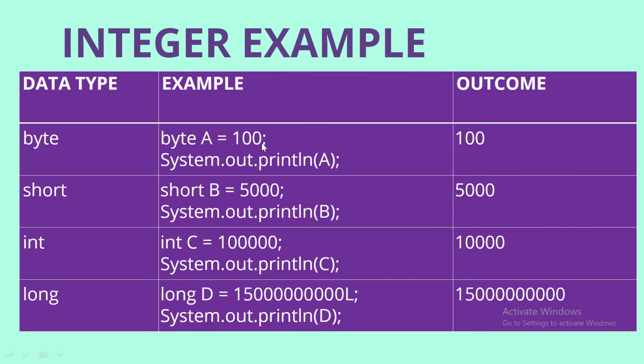So, in this case, the variable a will not generate any error because it lies in the given range. So when we print System.out.println(a), the outcome 100 will be displayed on the output screen.